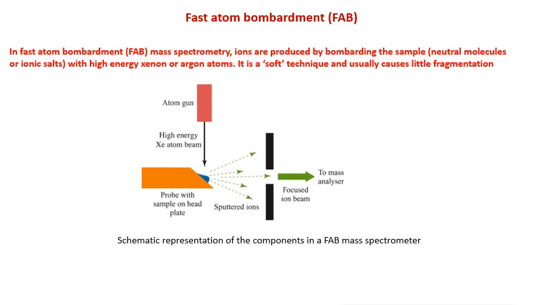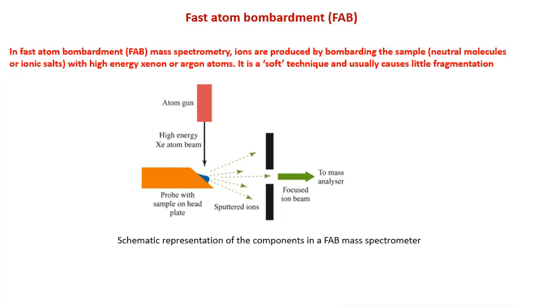First of all, your analyte has to be mixed with a high boiling solvent matrix. This liquid matrix normally contains glycerol or 3-nitrobenzyl alcohol. Normally glycerol or 3-nitrobenzyl alcohol. In this glycerol matrix or 3-nitrobenzyl alcohol matrix, your sample has to be put.